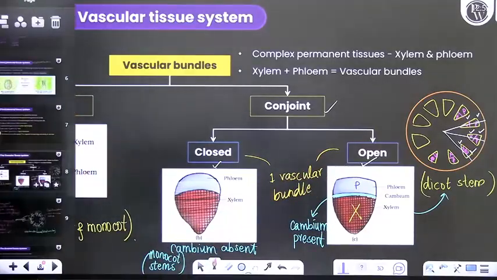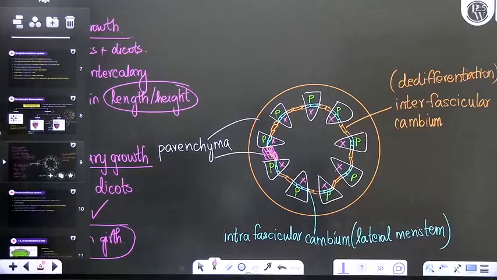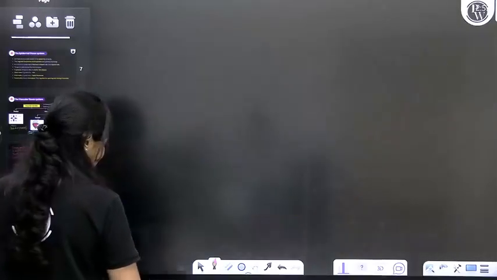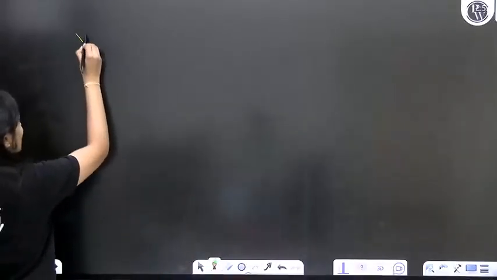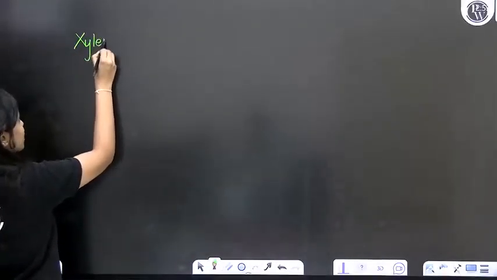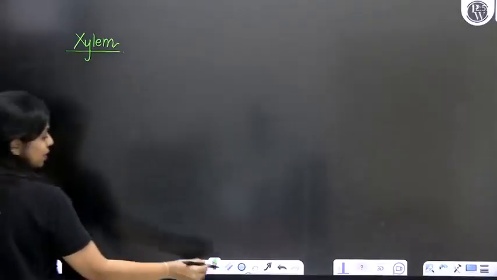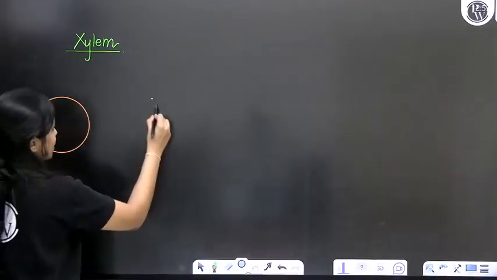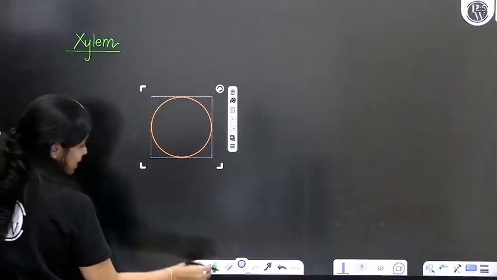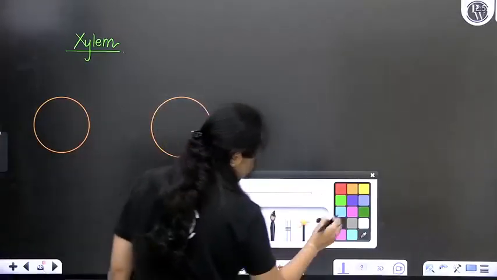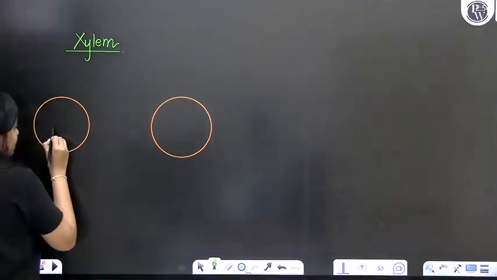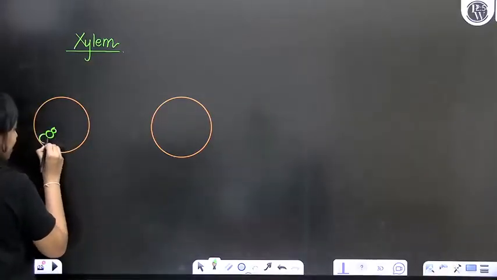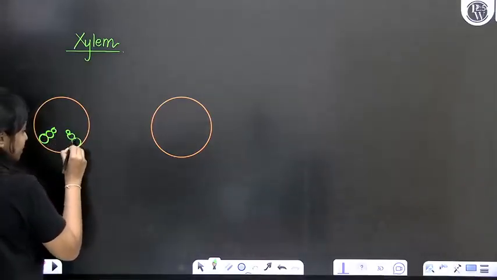Alright, now let's learn about something else in xylem. I told you that in xylem you have protoxylem and metaxylem. If you take vascular bundles, the diameter of the xylem elements will vary.